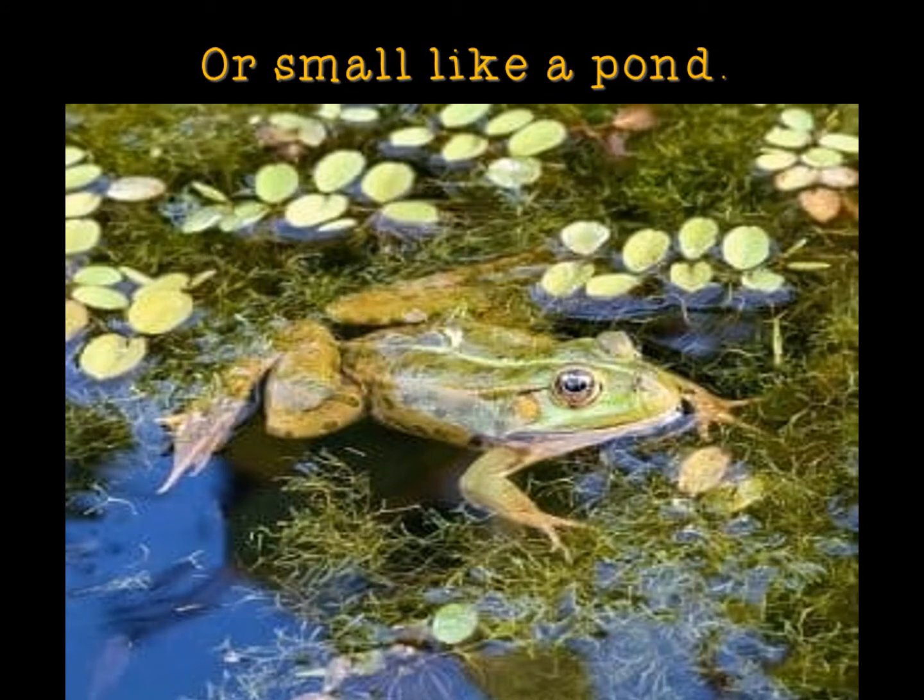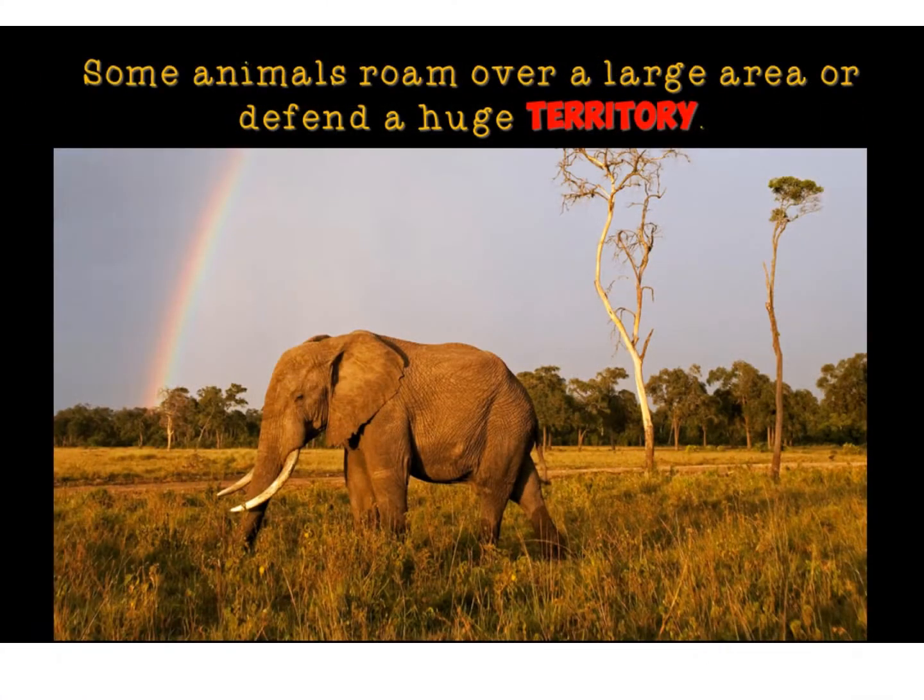Some animals don't need that much space, and they'll be just fine in smaller places, just like this pond. Just like this frog, all the space he needs is in a pond. But if you look at the elephant, an elephant needs more space, so their habitats are generally much larger. So they roam freely over a large area.